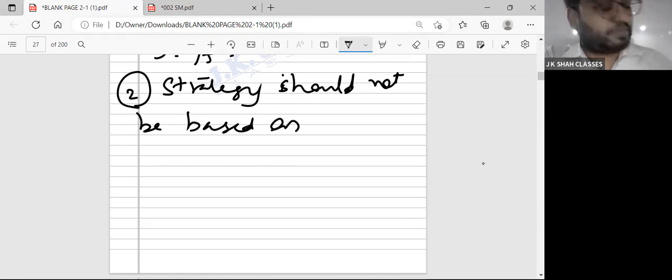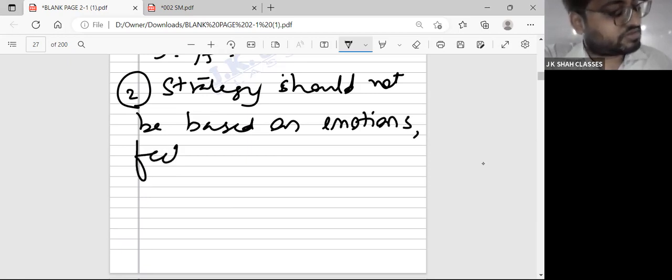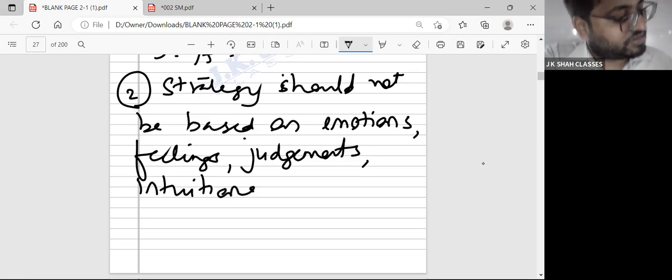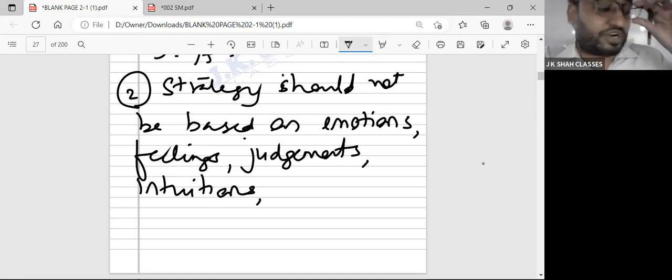Strategy should not be based on emotions, feelings, judgments, intuitions. Strategy should not be based on emotions, feelings, judgments, intuition.